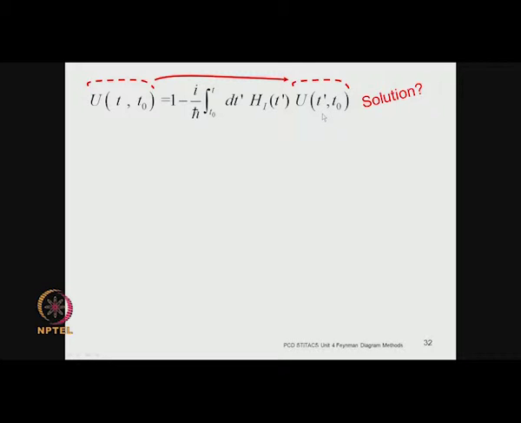Okay? So, it is formally correct, but it really is not very helpful. So, we are still stuck and we still have to figure out how we are going to resolve this. Okay? So, it is formally absolutely correct, nothing wrong with it, but not very helpful at this point. So, we still have to figure out how we are going to deal with this.